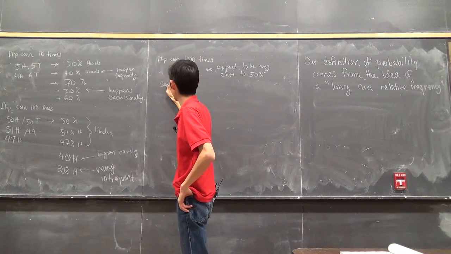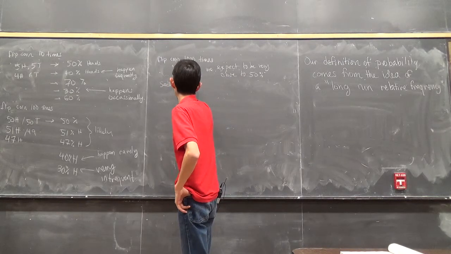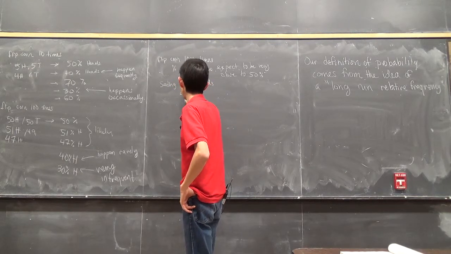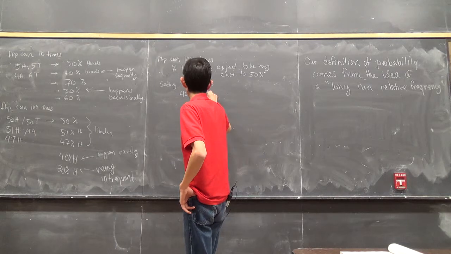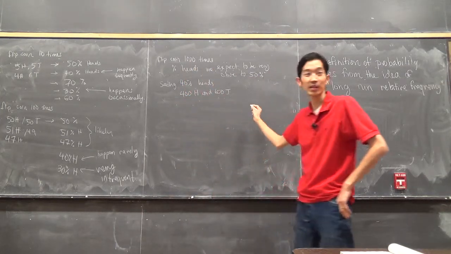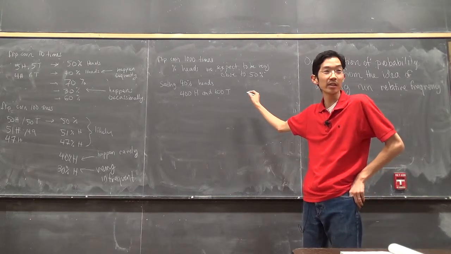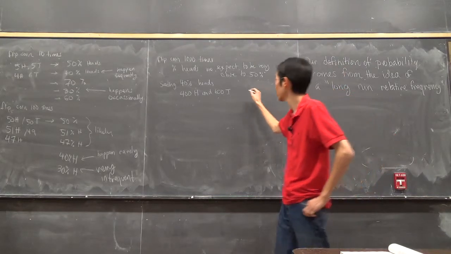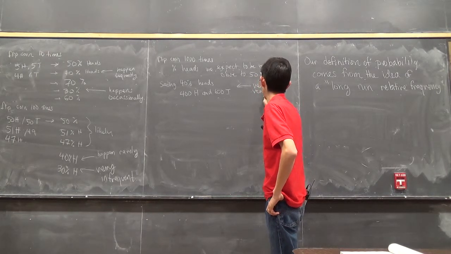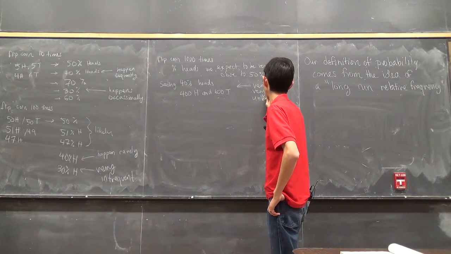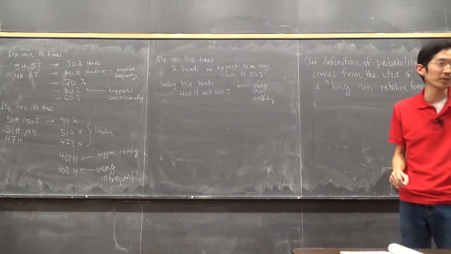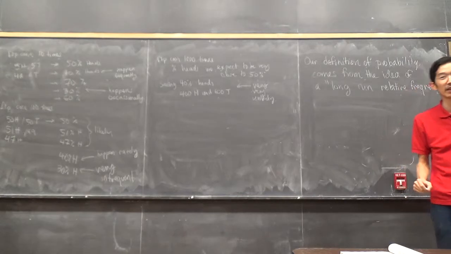Seeing 40% heads means what? It means we got 400 heads and 600 tails, and this seems to be very, very, very unlikely, right? After 1,000 coin flips. And seeing 30% heads almost seems unfathomable after 1,000 coin flips.